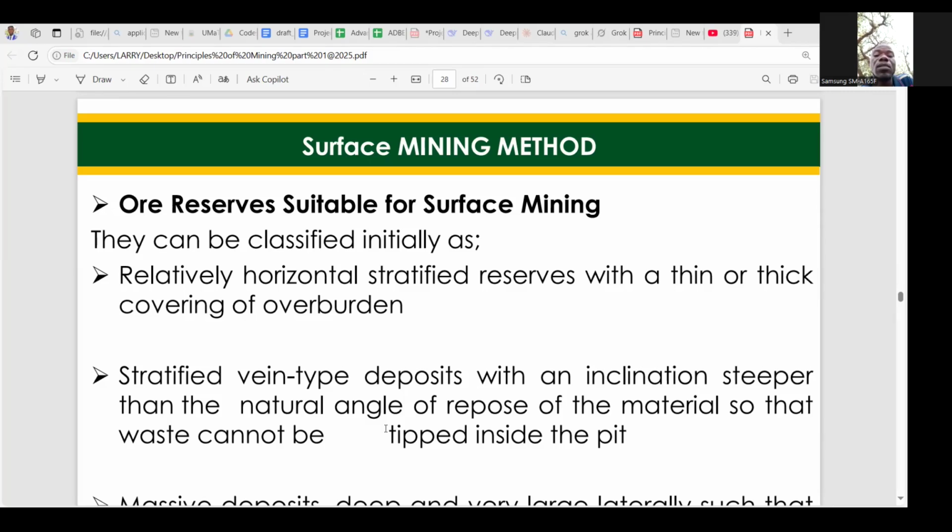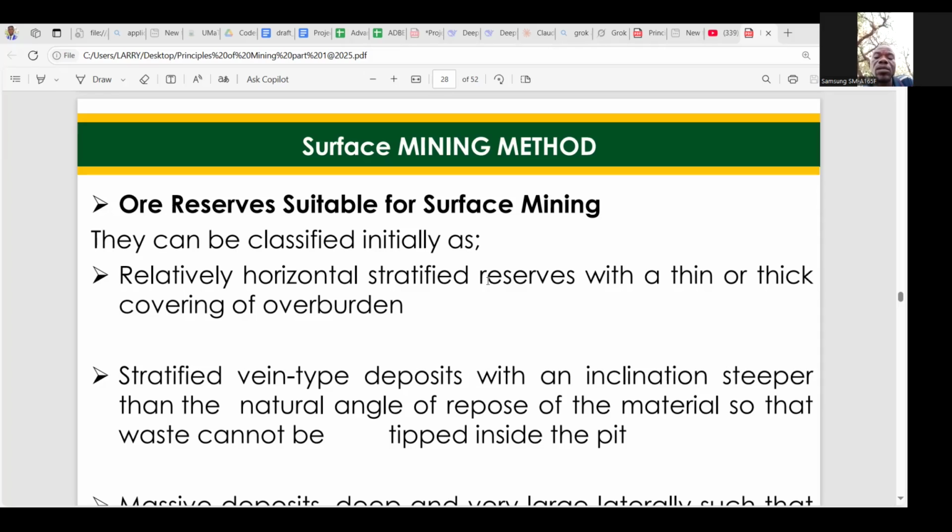So they can be classified initially as relatively horizontal stratified reserves with a thin or thick covering of overbedding. What this statement means is that before a particular method can be selected as a surface mining method, normally the reserve, or the resource, should have a thin or thick covering of overbedding.